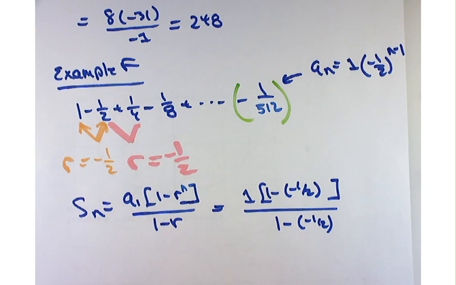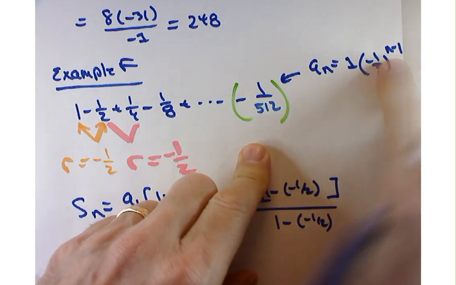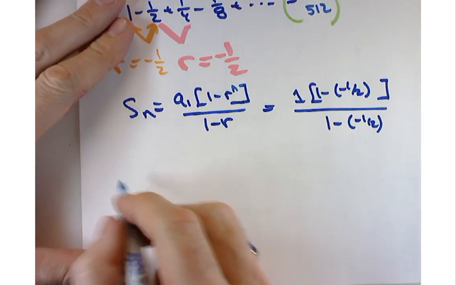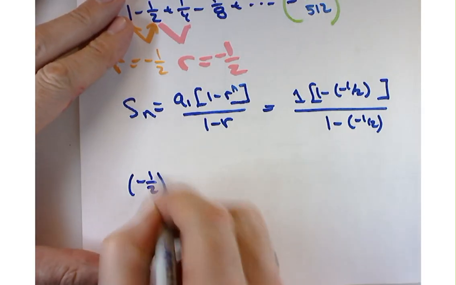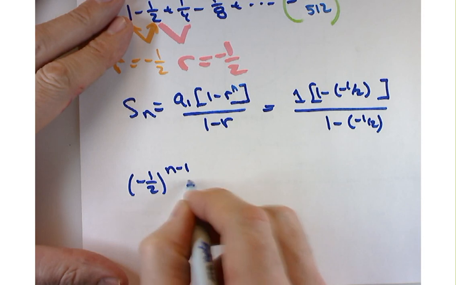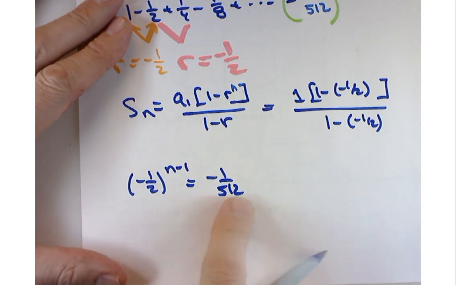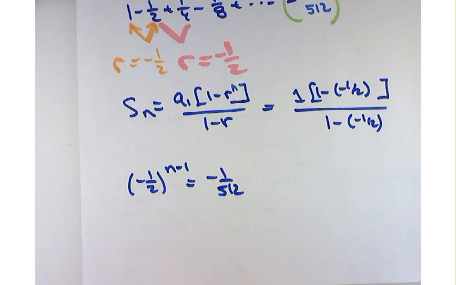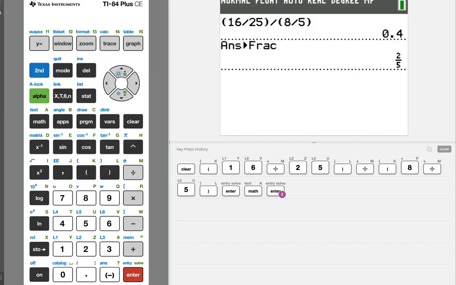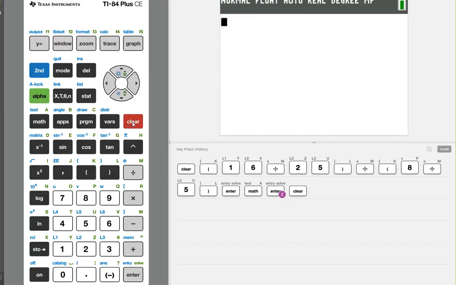Now normally I'd say, oh, this is a great chance to practice your logarithms because you've got an exponential equation. Essentially what you've got is negative 1/2 to the n minus 1 equals negative 1 over 512. Take logs on both sides after you get rid of the negatives. But you know what? Let's be practical. That's a lot of work.